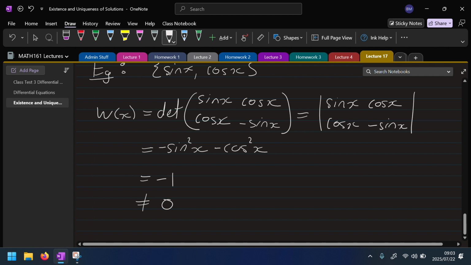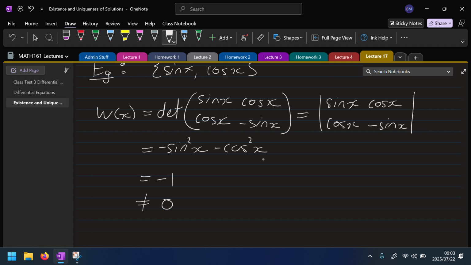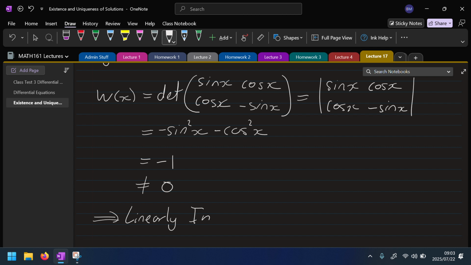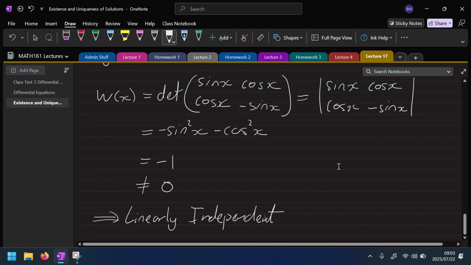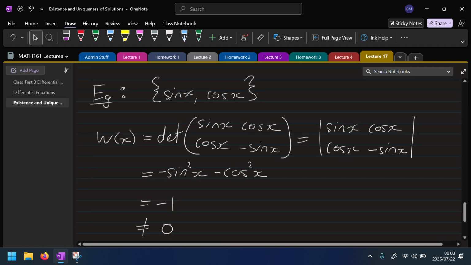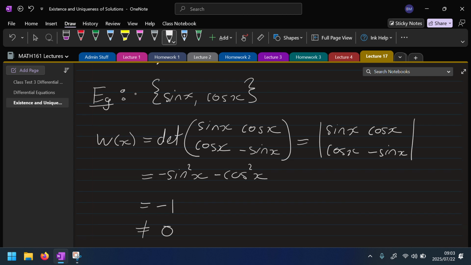If it's non-zero, that's case 1, so it's linearly independent. Okay. Any questions for this first example? Okay, pretty straightforward.